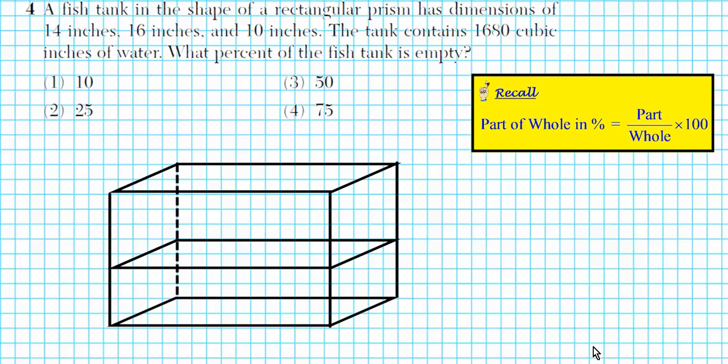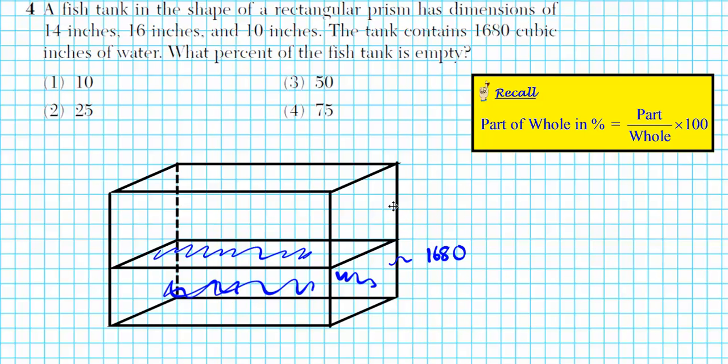Okay, so this is just a sketch of our rectangular prism here. So we have water in it, and let's say this is the water right here, occupying part of the volume of the tank. So that goes to the top of the water, and then it's all over here. Okay, so the volume of the water is 1,680.